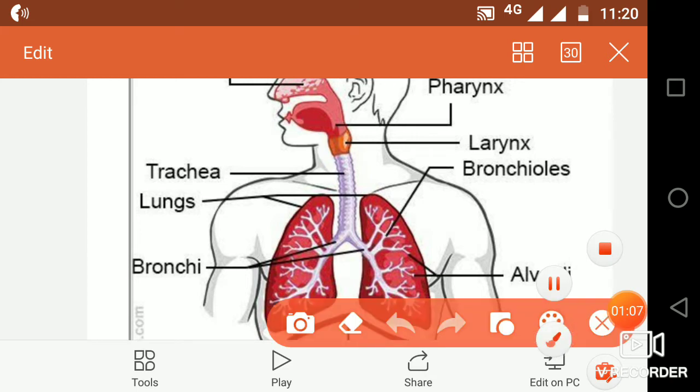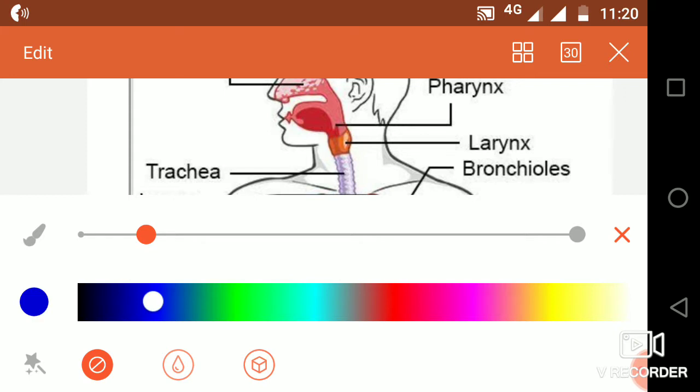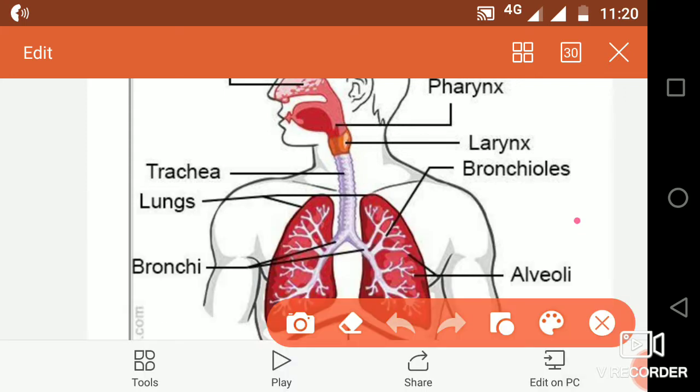On the top of the larynx, I am just indicating with another color. So this larynx has an epiglottis, a cover.